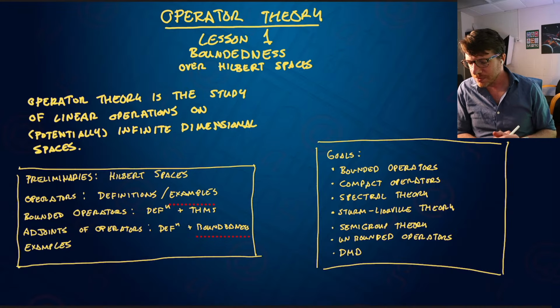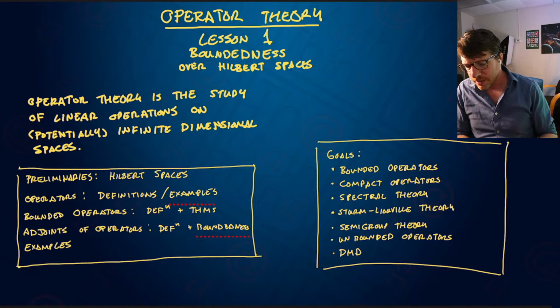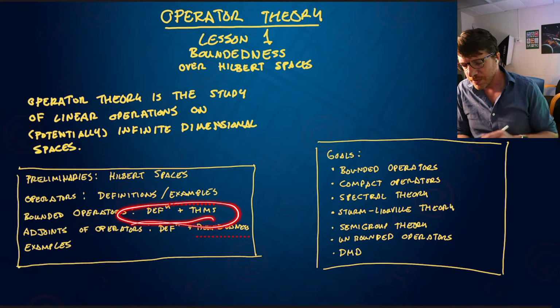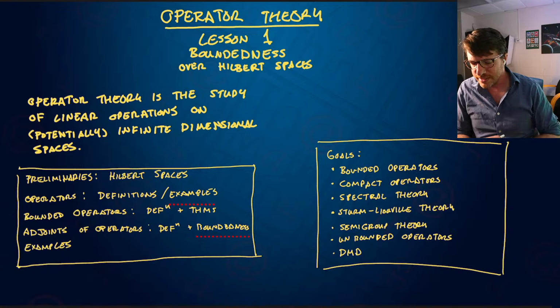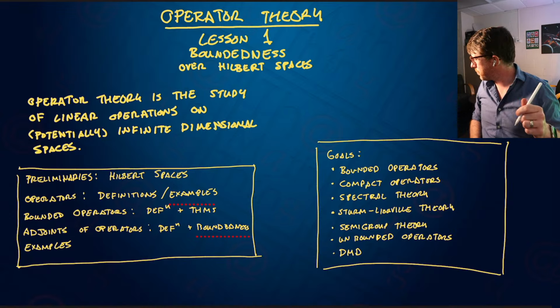But we're going to be mostly concerned with Hilbert spaces because we're really going to like the interplay between the inner products and operators. So then we're going to talk about the definition of bounded operators, and the definition of a norm on an operator itself, which will actually give us what is called a Banach algebra.